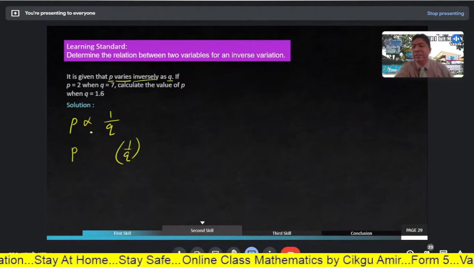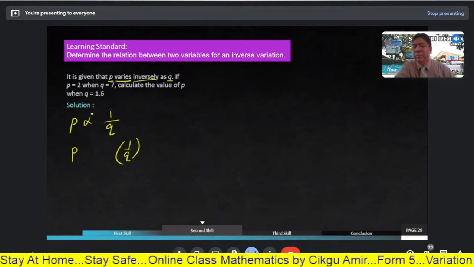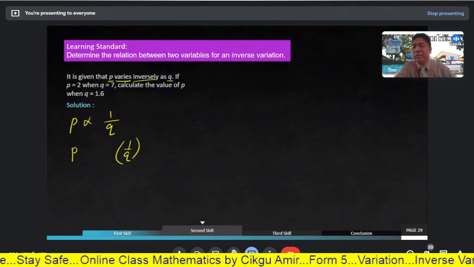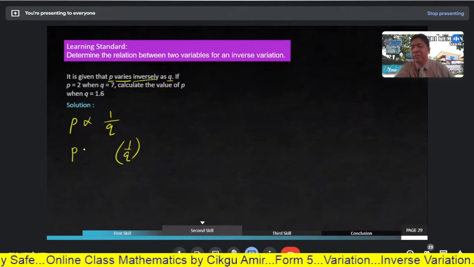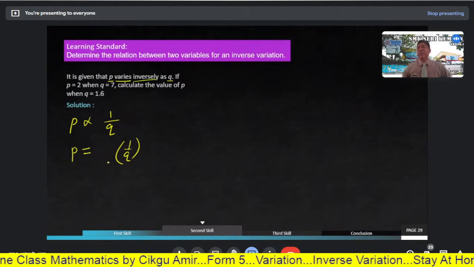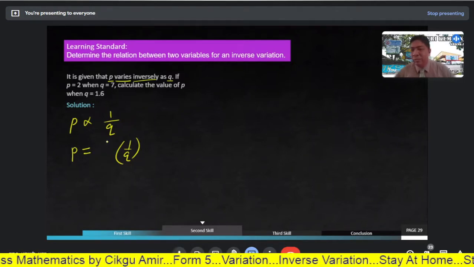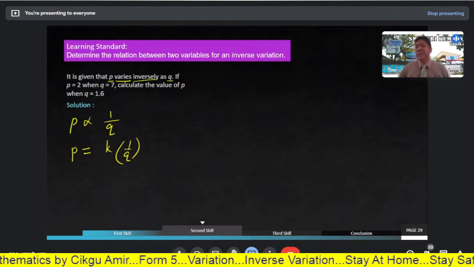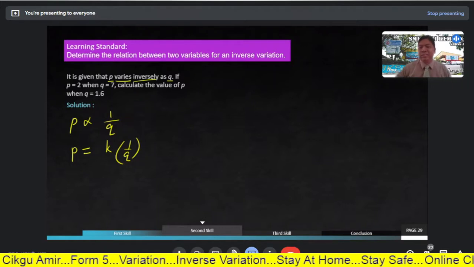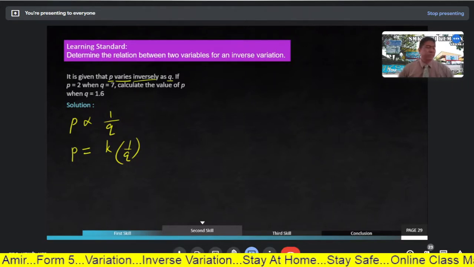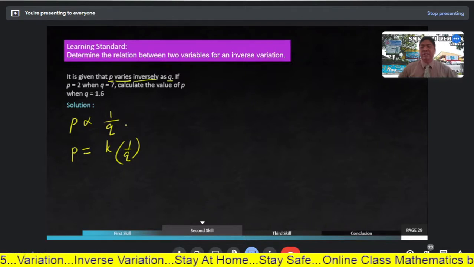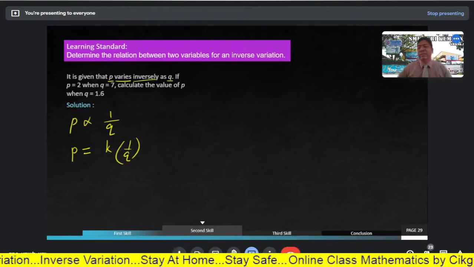The only change is from the symbol of variation, it will become the symbol of equal, and we add a letter K. K is a constant. First step done, second step done.